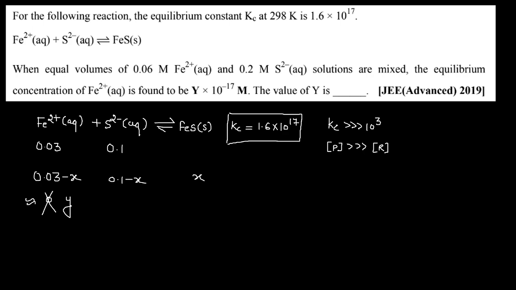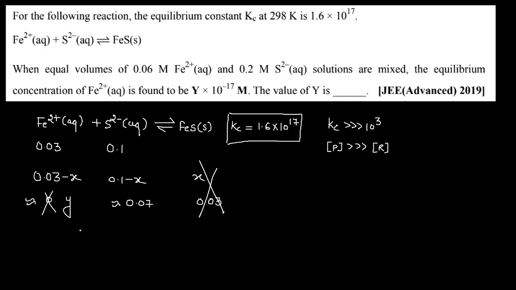So we will write Y, but Y is a very small quantity. And sulfide will come out to be nearly 0.1 minus 0.03, which is 0.07. And iron sulfide will be 0.03. But we don't have to worry about the iron sulfide. Why? Because iron sulfide is a solid and we never consider solids while writing the equilibrium expression.